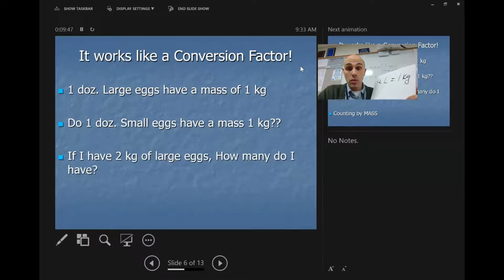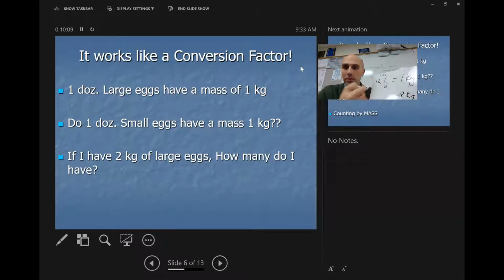Now if I have 2 kilograms of large eggs, how many dozen do I have? Remember, 1 dozen large eggs is 1 kilogram.